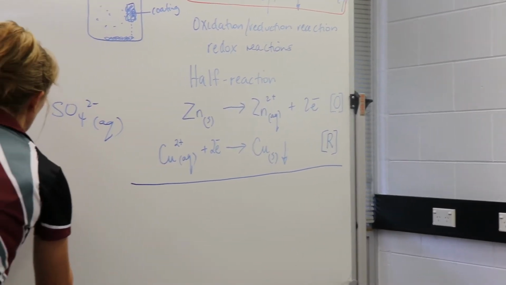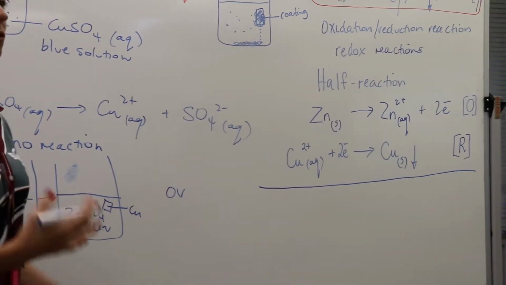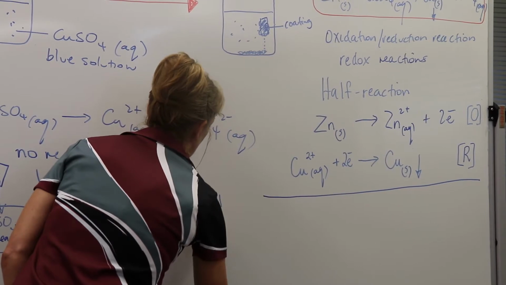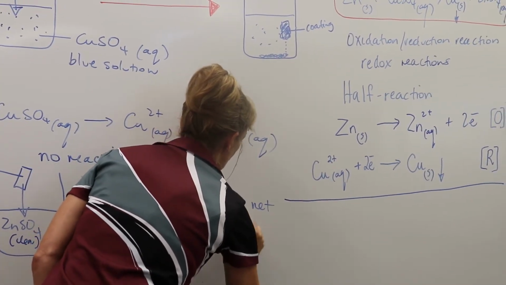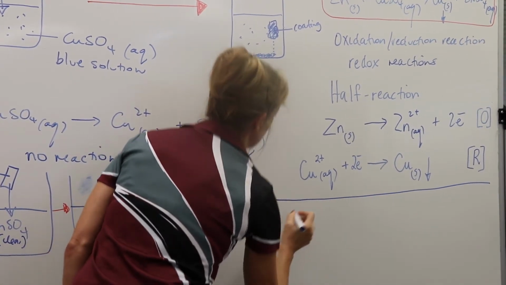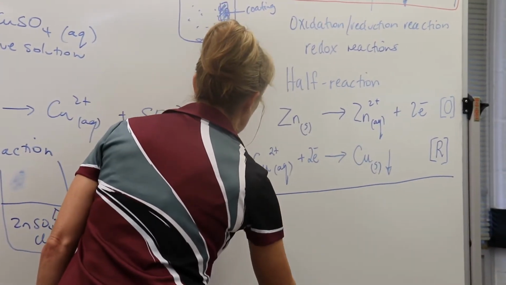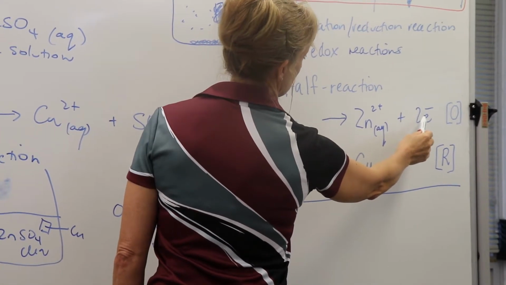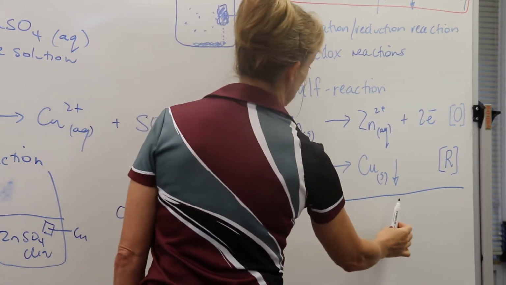So this is so that when you get a question on this, you do the right thing. This is called an overall net ionic equation. When I add these together, all the ones on this side of the arrow, you notice that there's 2 electrons on this side and 2 electrons on this side, they're going to cancel because this is like a mathematical equation.